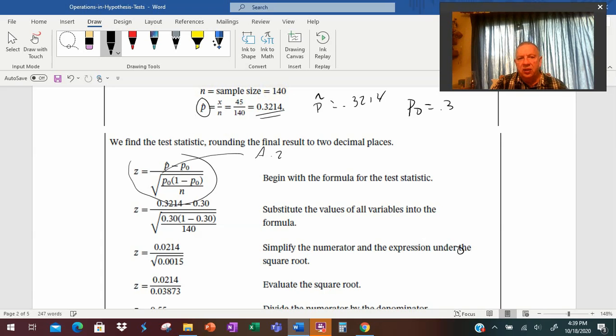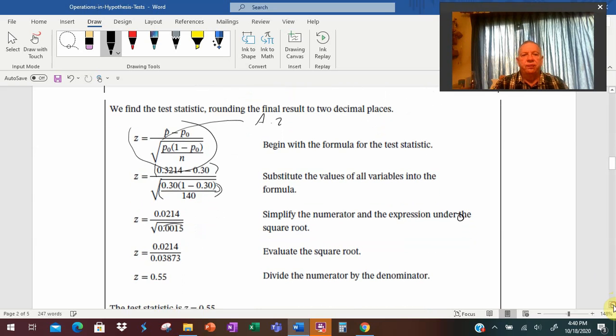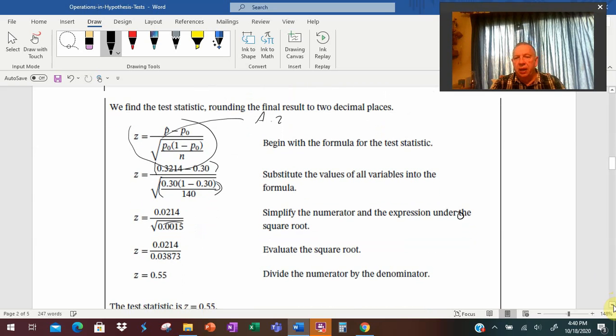Now this is how we need to do it. I need to do all of this and put that number underneath the radical. So I need to do all that first, 0.30 times 1 minus 0.30, divided by 140, write that under there, take the square root, and then I do the top divided by the bottom, okay?